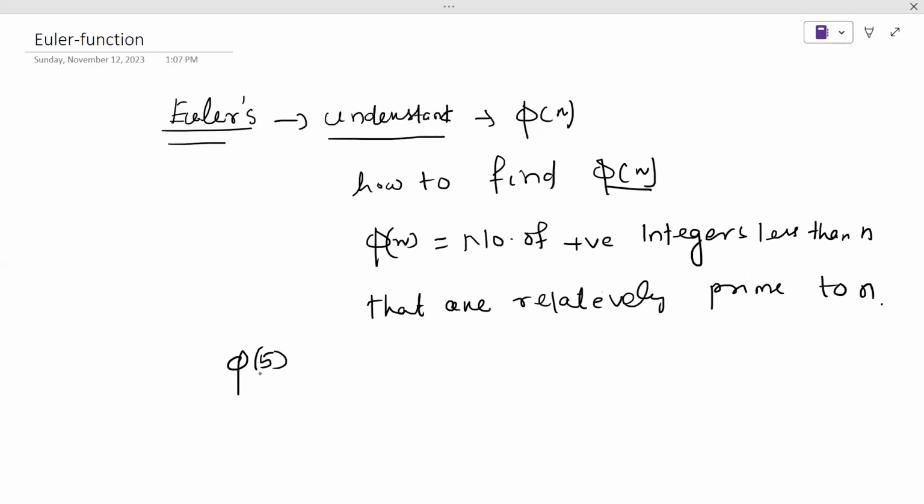Example: phi 5. Here n is 5. We can see the numbers less than 5: 1, 2, 3, 4.